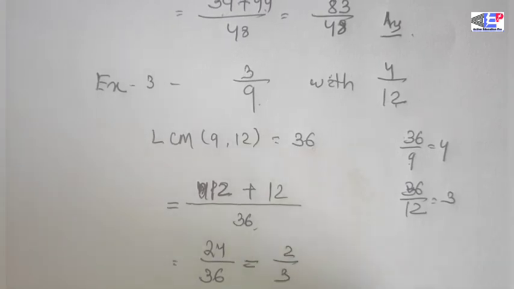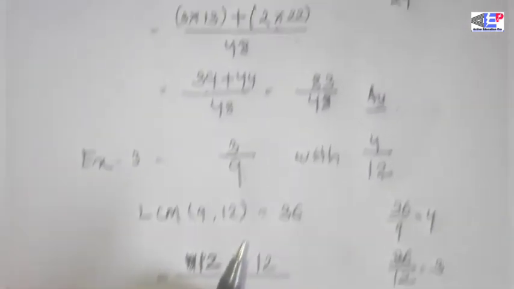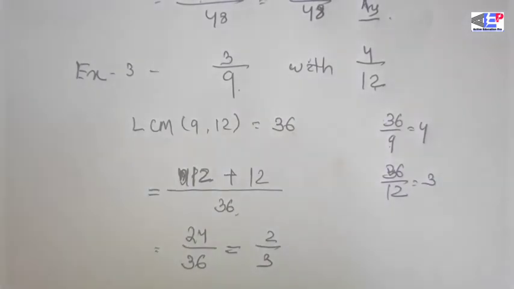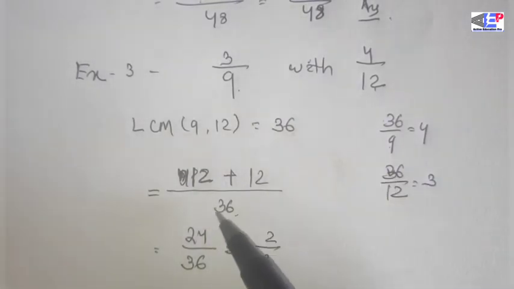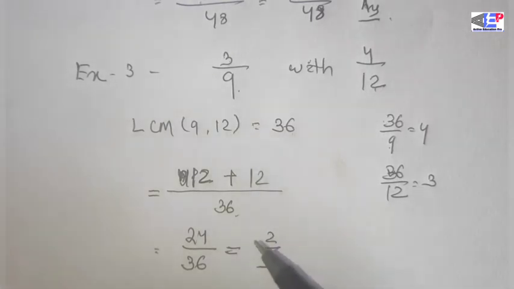2 by 3. It is the standard form of this fractional number, 2 by 3. In this case, we skip this process. We calculate it in our mind. First divide by the denominator and multiply the quotient with the numerator in our mind.